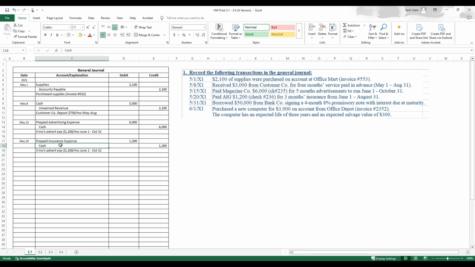And this was 3 months insurance expense. And if we take $1,200 divided by 3, that would give us $400 per month. So our insurance expense each month is $400. And that is from June 1 to August 31st.